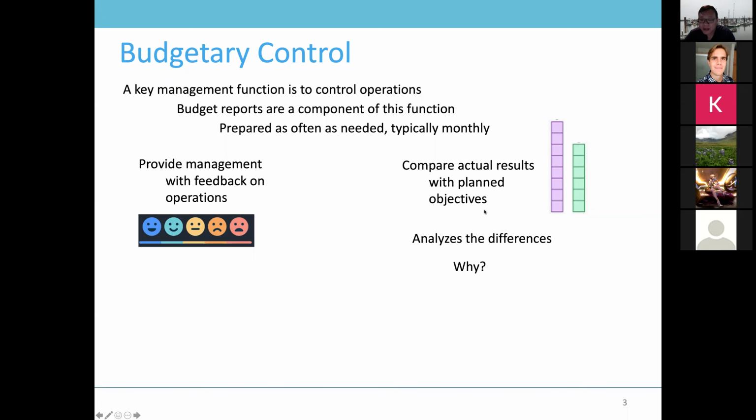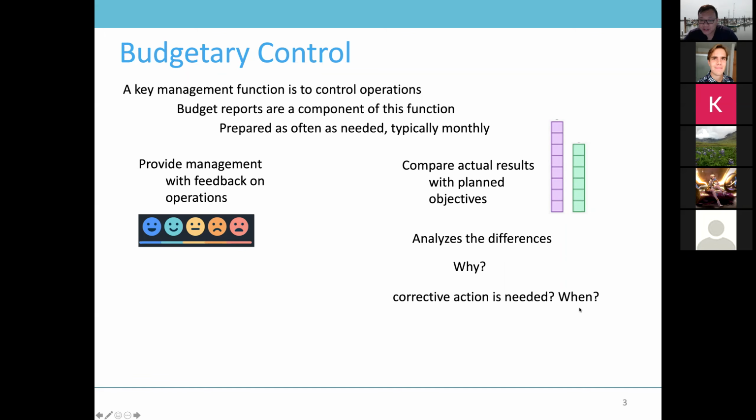Then you're going to ask yourself, should I take corrective actions? Is there anything I need to do to make a correction? If I need to take any action, when should I do it?